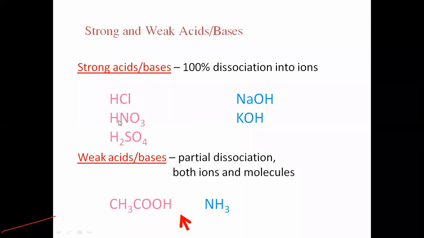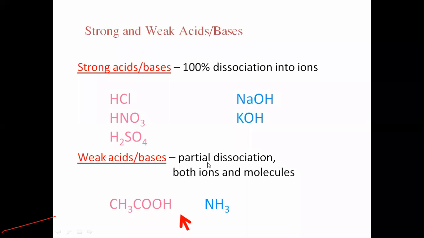So here the mineral acids, hydrochloric acid, nitric acid and sulfuric acid, are all completely, that is 100%, dissociated into their respective ions. So they are coming under the category of strong acids, and potassium hydroxide and sodium hydroxide are coming under the category of strong bases. Whereas a weak acid and a weak base are not totally dissociated into their respective ions.